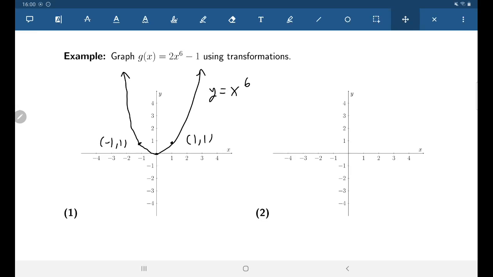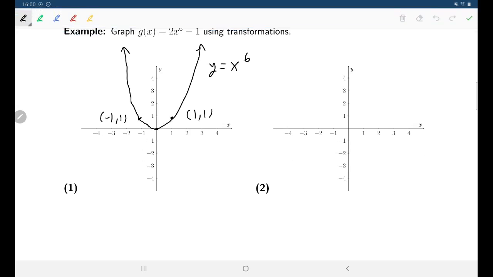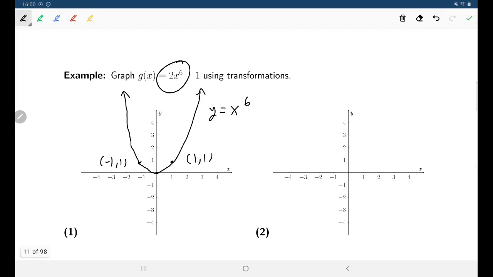As far as my transformations go, I have one transformation that's a vertical stretch, where we're multiplying all of our y values by 2. And then we'll do a vertical shift downward by 1. So first we'll multiply all of our y values by 2.